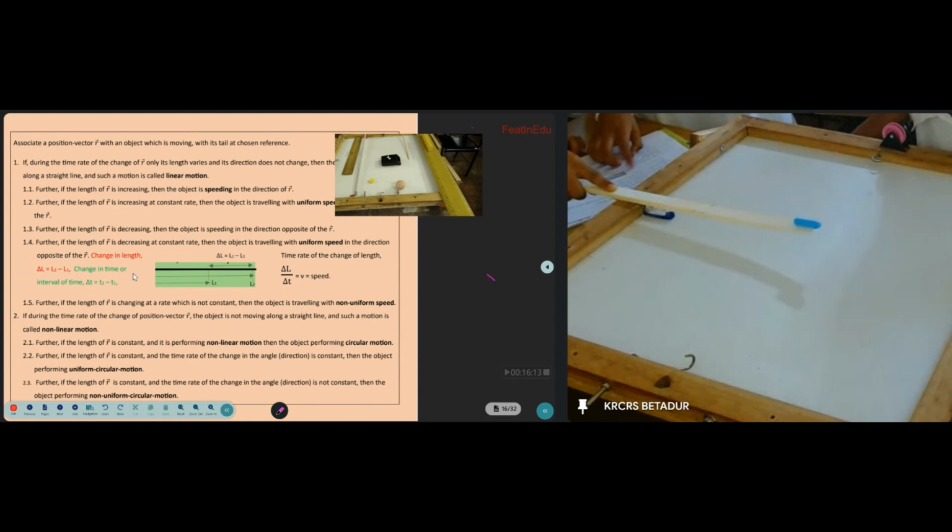How much is the length change? Length change is L2 minus L1. In this experiment, it is 8 centimeters.